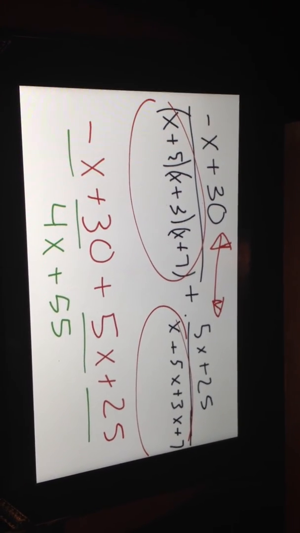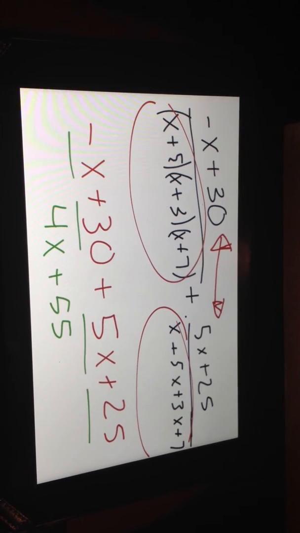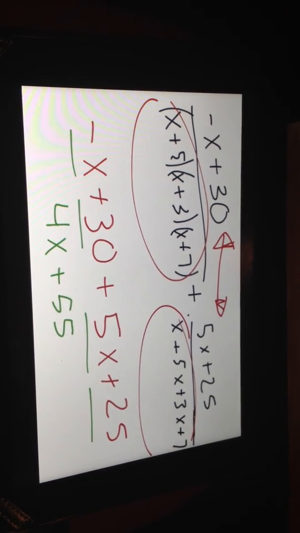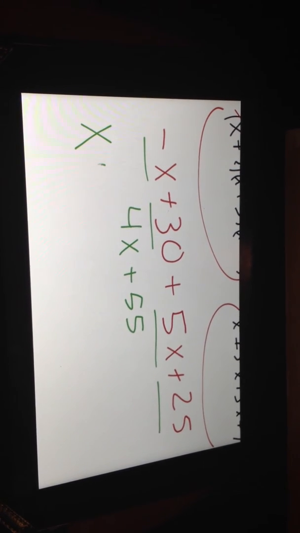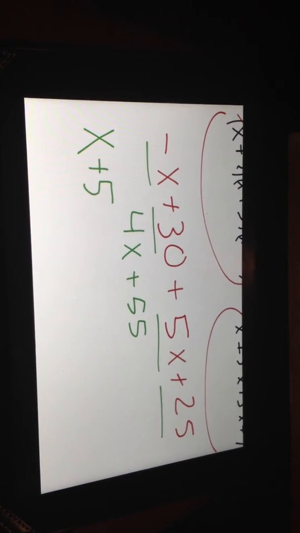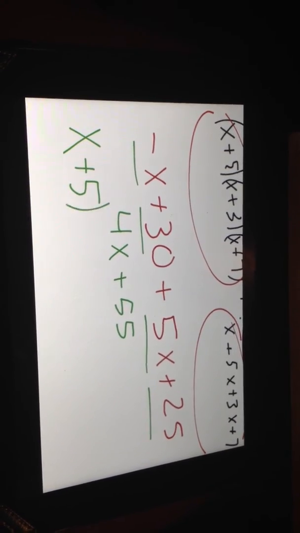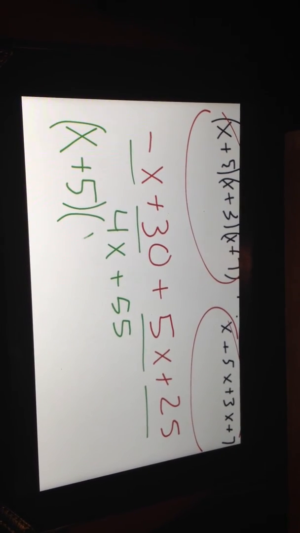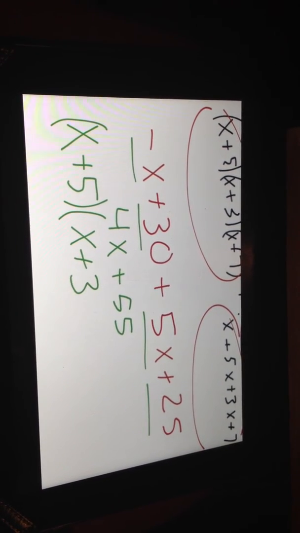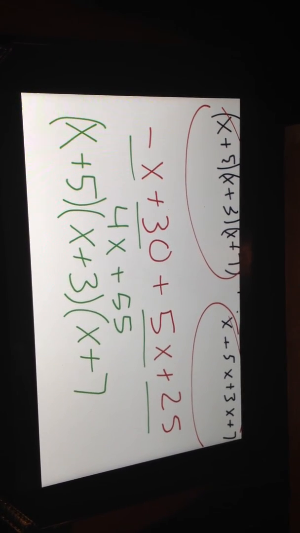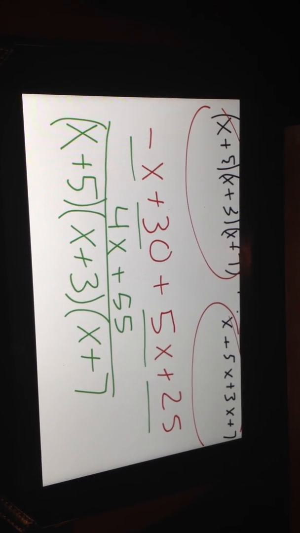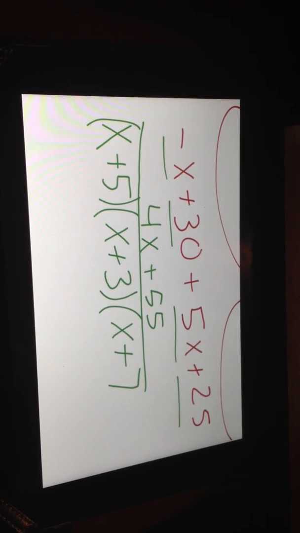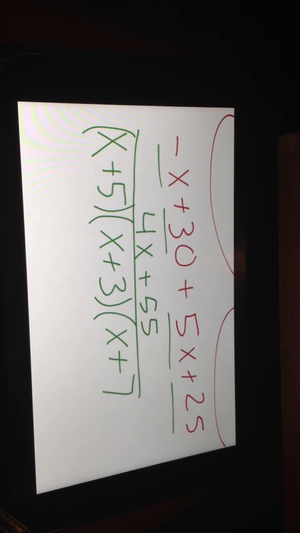So we end up with 4x plus 55 on the top. And then once you get the answer on the top, you just put the previously figured out greatest common factor on the bottom, which is x plus 5, x plus 3, x plus 7. So now you have this. And this is our final answer.